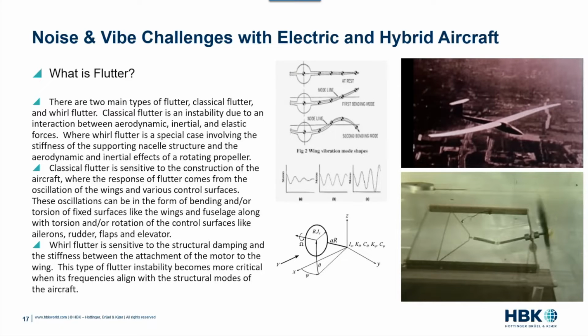Now that you have reintroduced the propeller, you have to deal with whirl flutter, which is basically the stiffness of the housing where the motor is bolted onto the wing or the different parts of the aircraft, and the excitation of that RPM of the propeller. So that's a little bit about flutter.